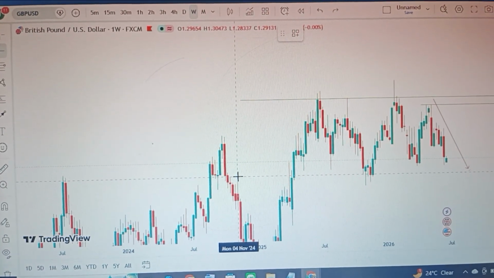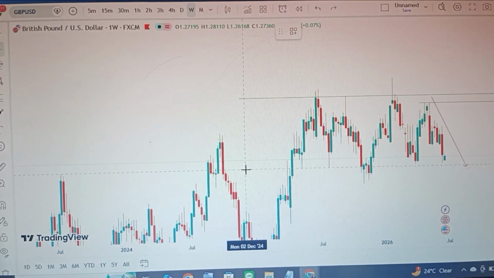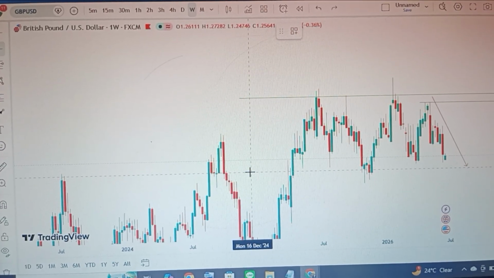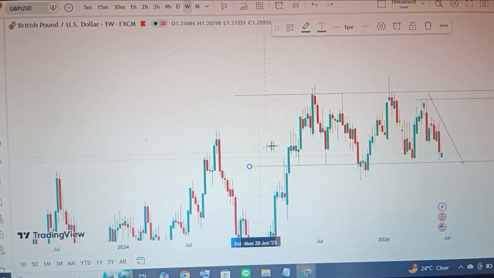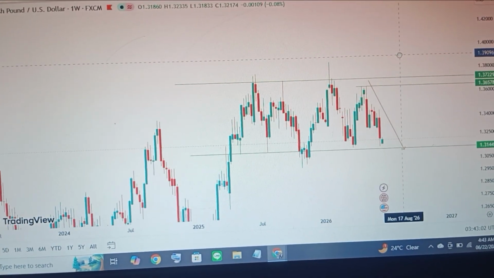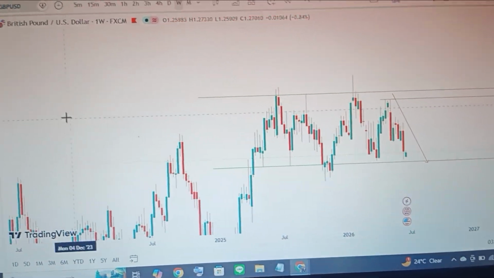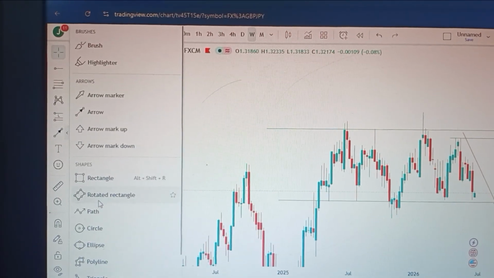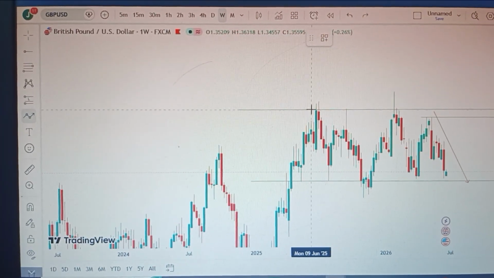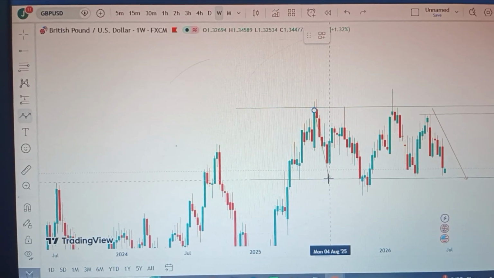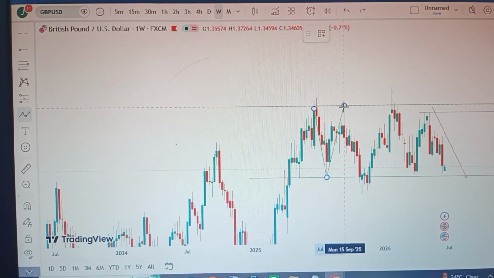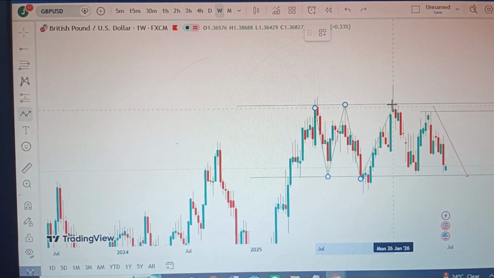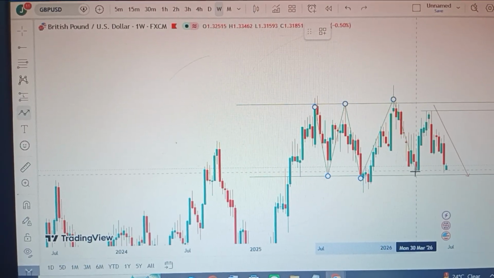Now what we can observe is that this market seems to be consolidating. We have a structure where the market is pushing from this high to this low, to this high, back to this high, to this low, this high, this low.